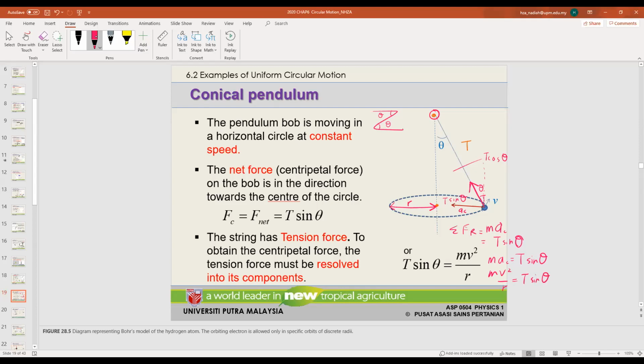Okay, you can rearrange this however you like, but the important thing to know is you need to know how to resolve T in the radial direction. So this is chapter 3. Okay, if you don't remember, please revise. So this is my T, I want to resolve my T, so the side that touches the angle becomes a cosine, the other becomes a sine. So T sine theta is pointing in the radial direction, towards the center. So MAC equals T sine theta. Okay.